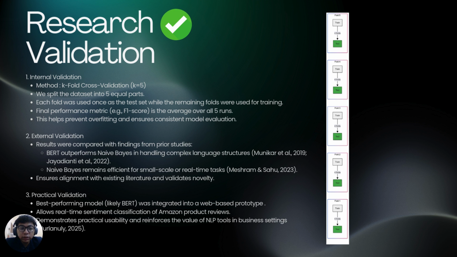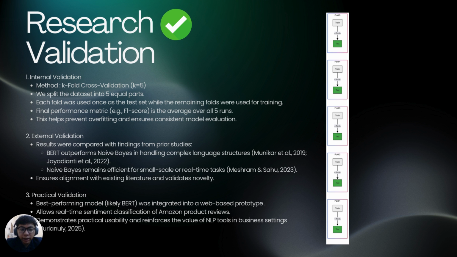For research validation, we use three types of validation: internal, external, and practical validation. For the internal validation, the method we use is k-fold cross validation.